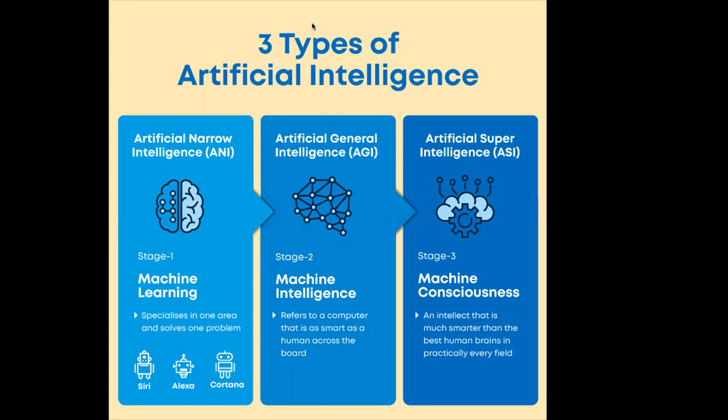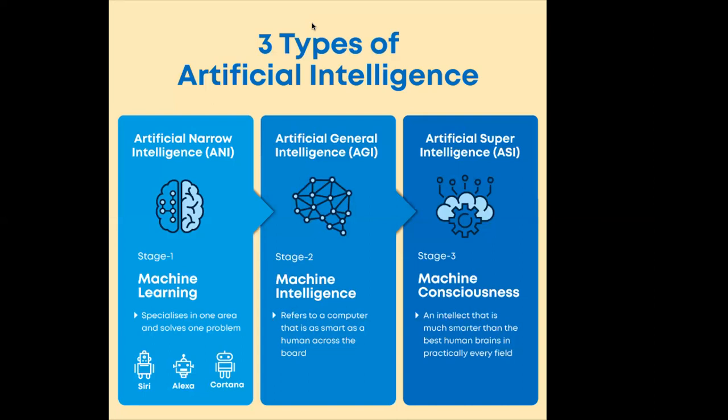Example two is a paraphrasing tool. When you are using a paraphrasing tool to paraphrase your work, it does only one job. When you enter your text into the tool, the only job it will do is to paraphrase what you've given to it, and when it's done, that's all. Such a type of artificial intelligence is called artificial narrow intelligence.